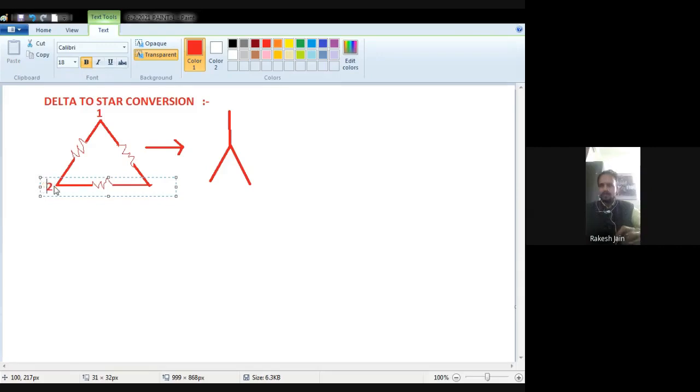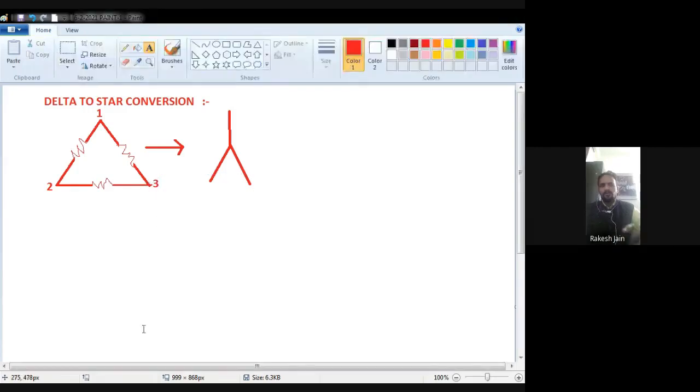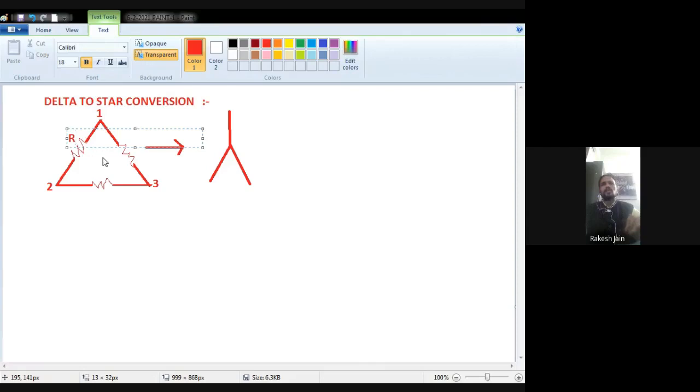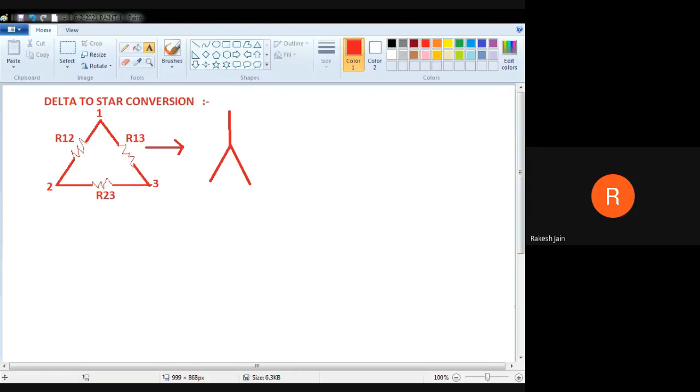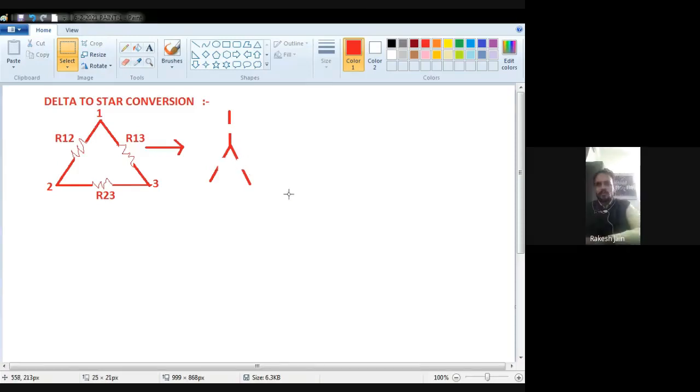Let the name of the node be 1, you can denote them by any other names, 2, and this one as third. So these are 3 nodes in which the value of this resistance is R12, the value of this resistance is R13, and the value of this resistance is R23. Okay. And now this will be your related star connection.